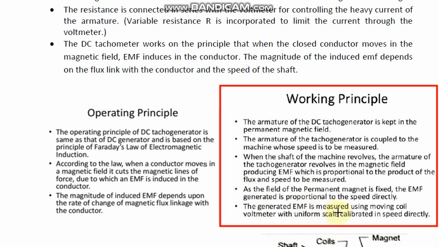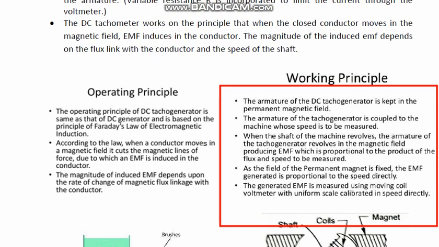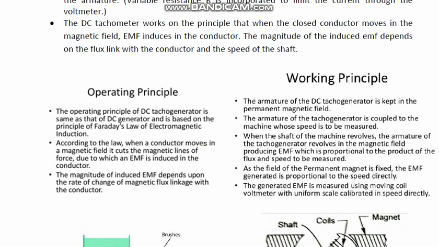The generated EMF is measured using a moving coil voltmeter, and with a uniform scale calibrated, the speed can be read directly.